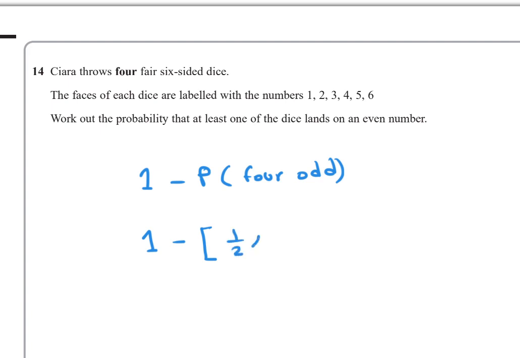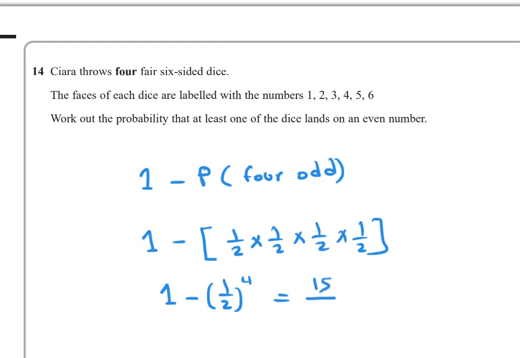So 1 over 2 times 1 over 2 times 1 over 2 times 1 over 2, because 1 over 2 is the probability of odd for one die and we have 4, so odd and odd and odd and odd, so multiply them, or you can write 1 minus (1 over 2) to the power 4, which equals 15 over 16.